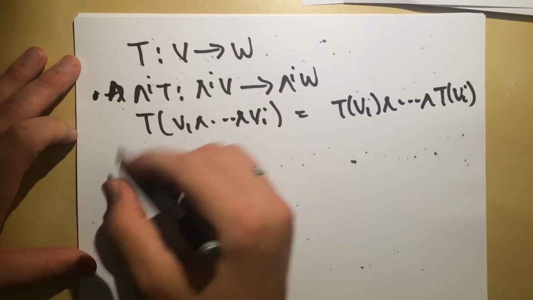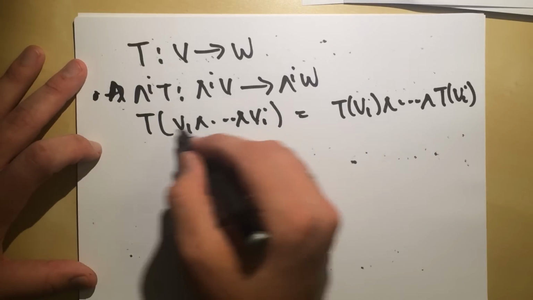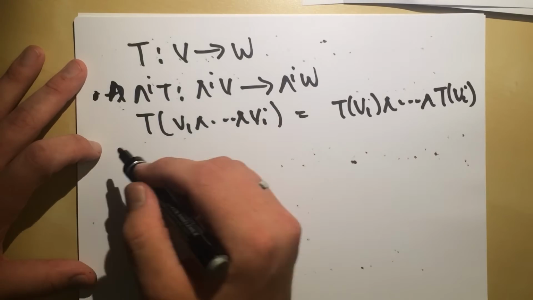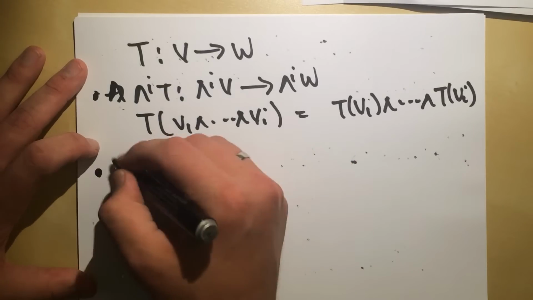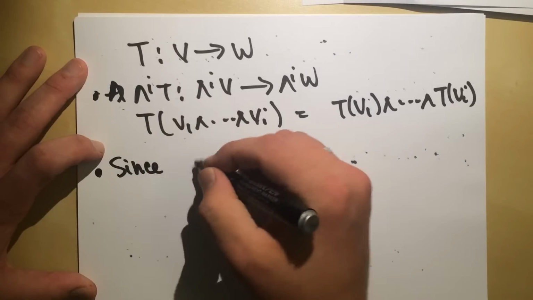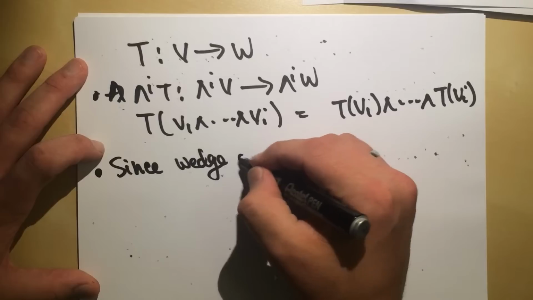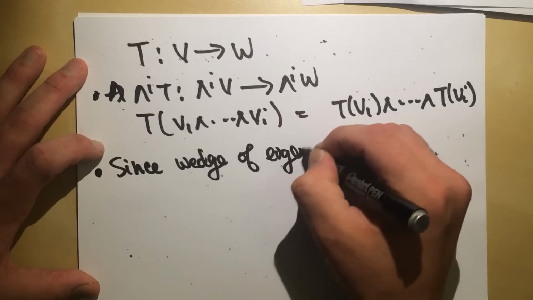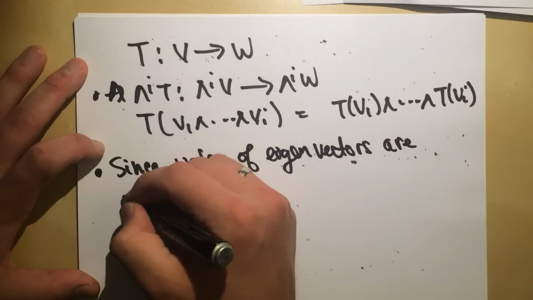In particular, if you have a bunch of eigenvalues, you can see that wedges of eigenvectors are eigenvectors.